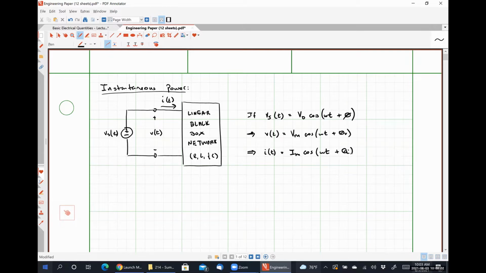And the current flowing into the network will be a sinusoidal signal having a particular magnitude, frequency, and phase angle.